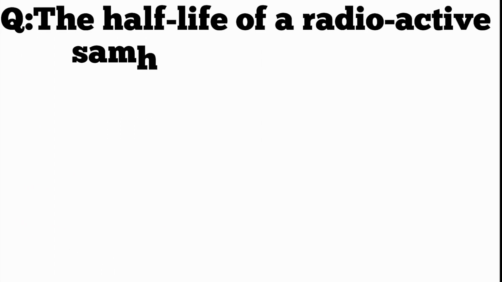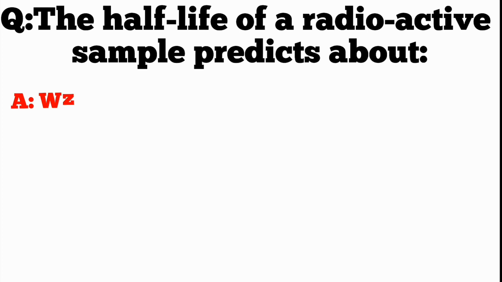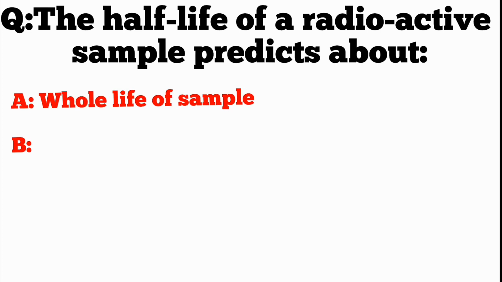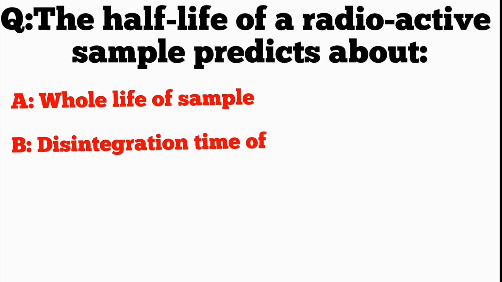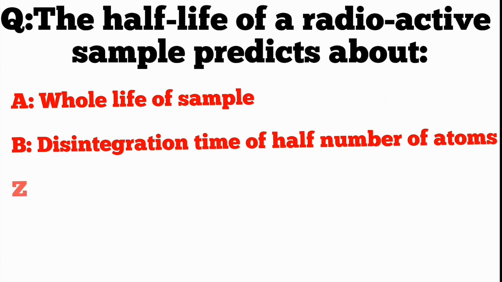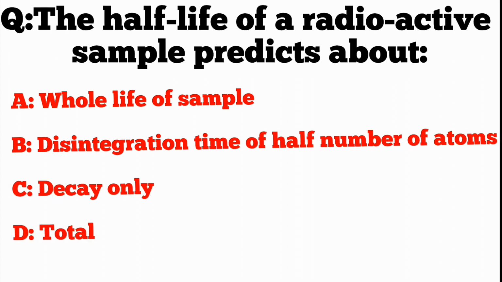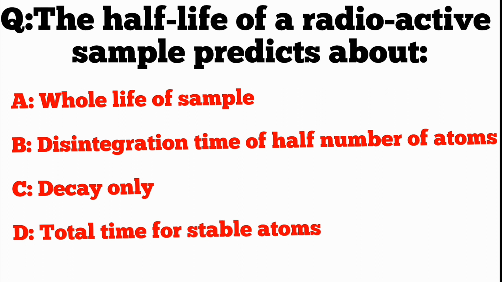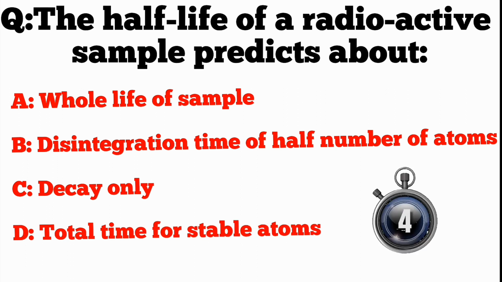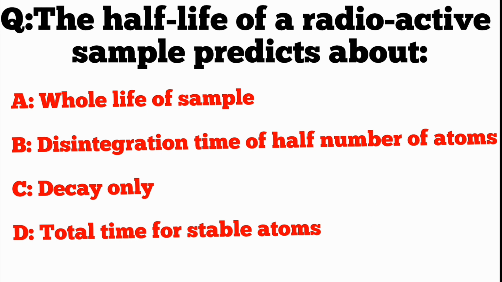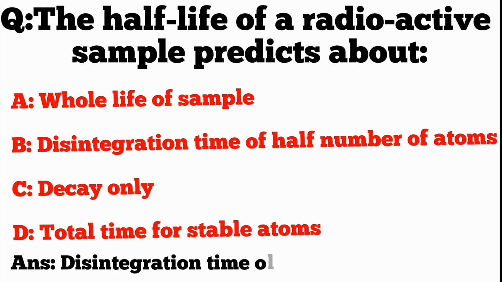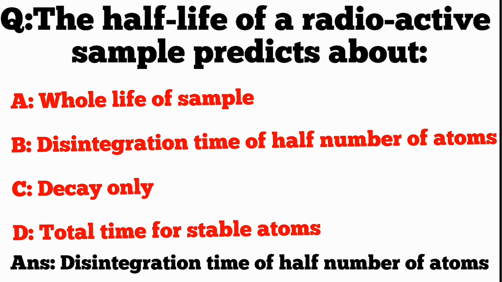Q. The half-life of a radioactive sample predicts about: A. Whole life of sample. B. Disintegration time of half number of atoms. C. Decay only. D. Total time for stable atoms. Answer: Disintegration time of half number of atoms.